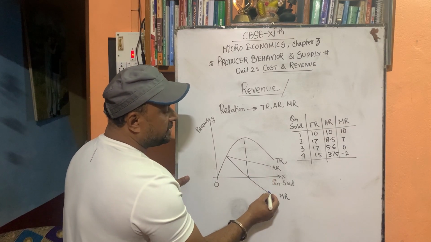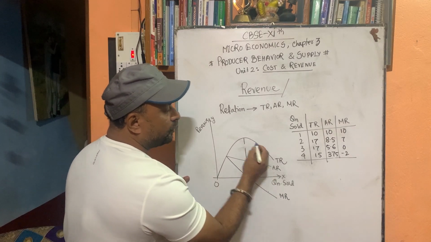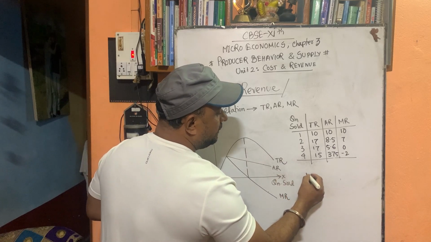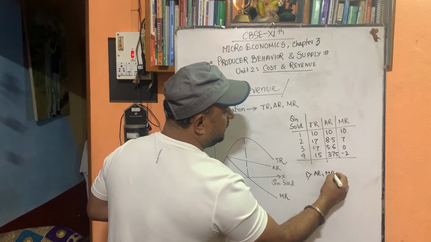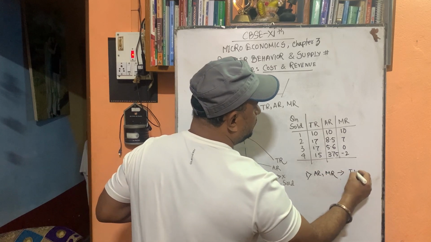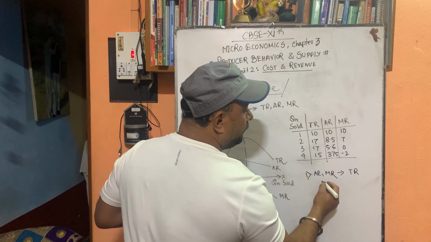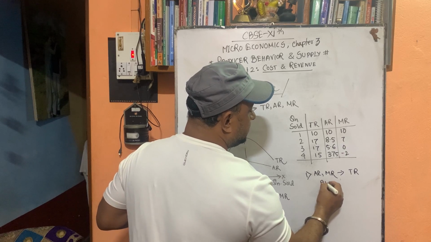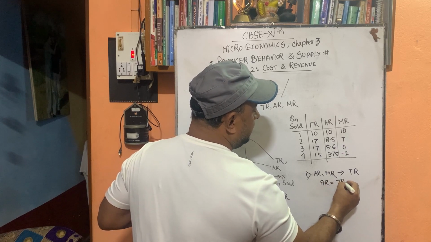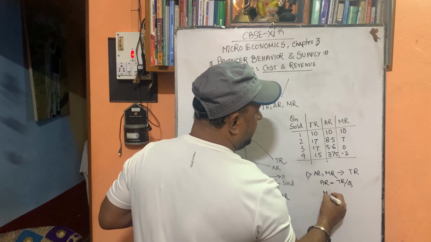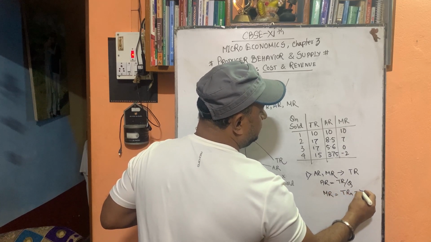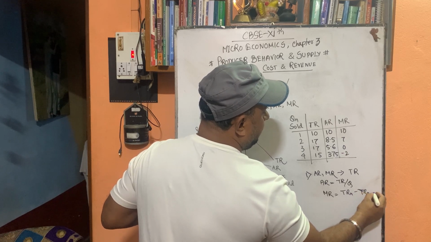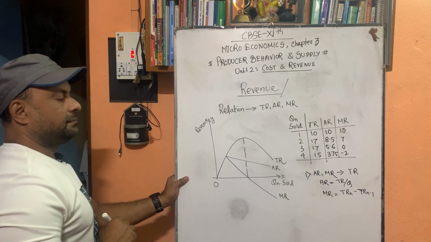Average revenue and marginal revenue are calculated from where? From total revenue. First relation: AR and MR are calculated from total revenue. So two formulas we have earlier: AR is equal to TR by quantity, MR is equal to change in TR.